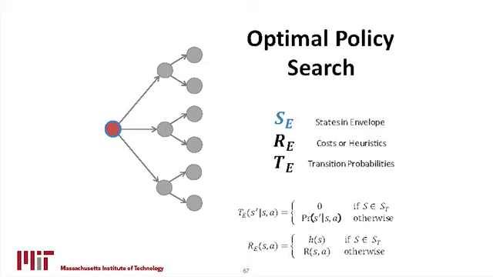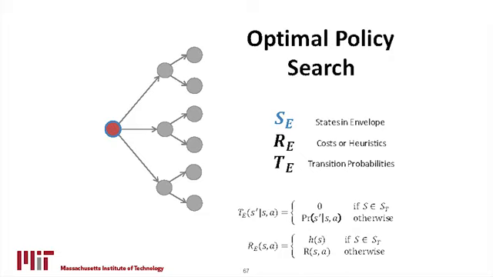The other few things that we're going to define, we've already defined the states that are in our envelope, that's the blue or the red. We're going to define a cost or heuristic or reward function, R_E, and a transition probability matrix or set of matrices that we're going to use our optimal policy search on.